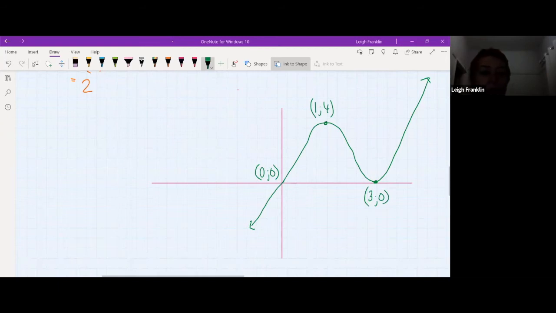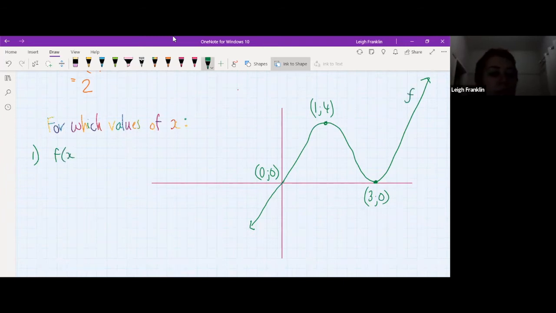So if I ask the question, for which values of x, my first question to you guys is this. This is the graph of f. Where is f of x greater than 0? What does that mean in simple language?